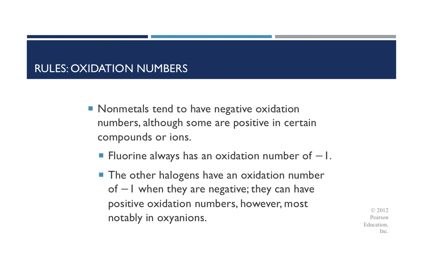All right. Other nonmetals we need to be aware of. Fluorine always has an oxidation number of -1. All of the other halogens, chlorine, bromine, etc., also have a -1 oxidation number when they are negative. However, they can have positive oxidation numbers, most notably when they are part of oxyanions. For example, if we think about the chlorate ion, in a chlorate ion, we know that oxygen is always -2.